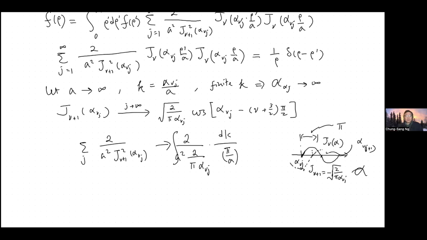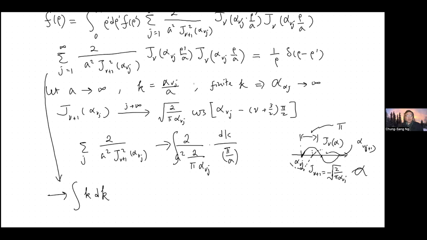So this equals to this part. So the whole thing becomes, cancel the 2, cancel the pi, cancel one of the a, and a over alpha sub mu j is 1 over k, or you can say it becomes k dk, right? And then the other two factors.